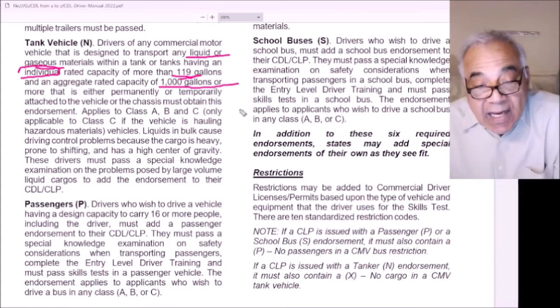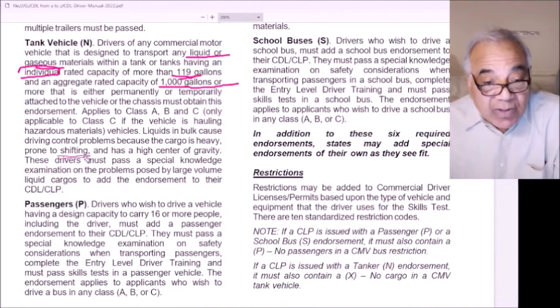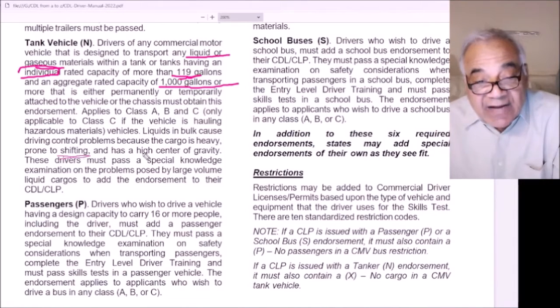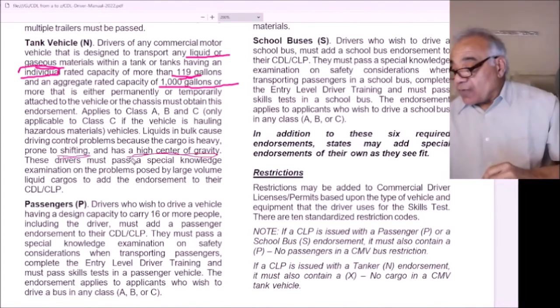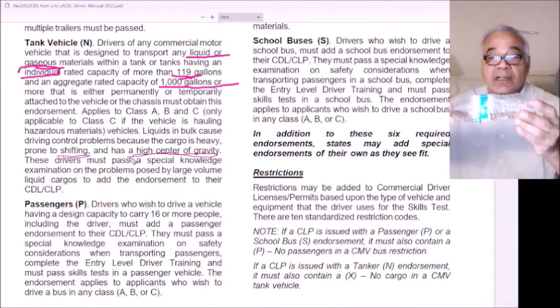Why do you need a special license to drive a tank? It is because of the shifting of fluids. When you have a tank, the center of gravity is high, because the fluid has almost uniform density, and the center of that is like a tank. It shifts as you drive.